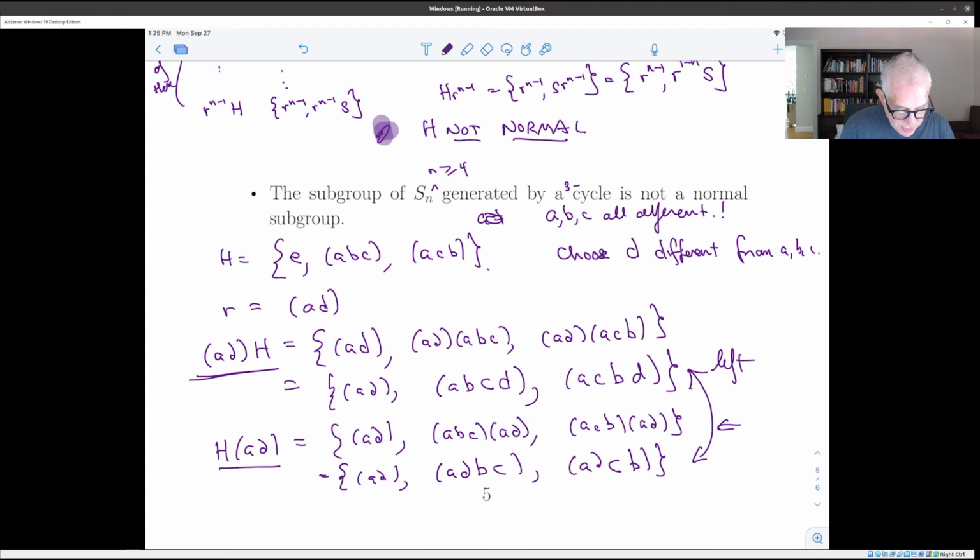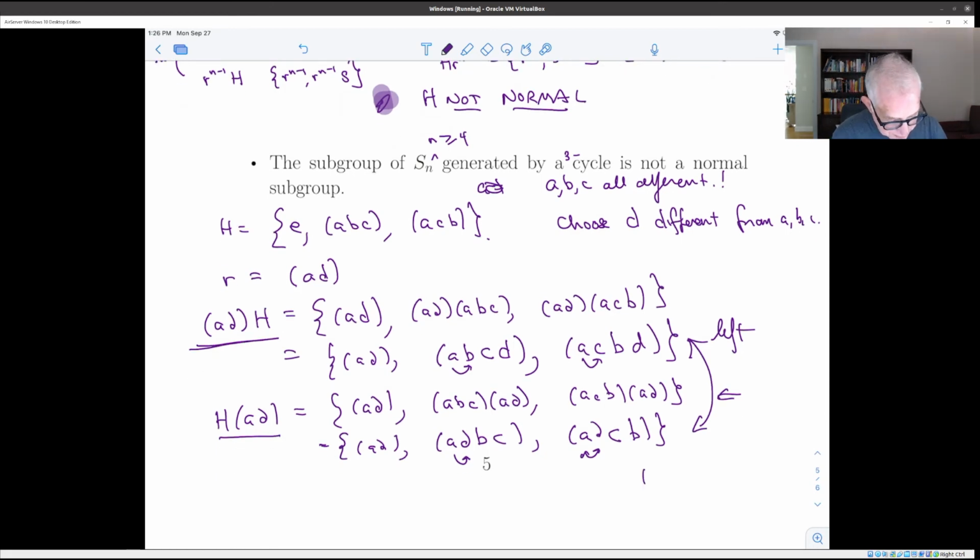But then we see these aren't equal, because here we have A goes to D, whereas here we have A goes to B, and here we have A goes to C. And in both of these, A goes to D. So the permutations which occur other than the (A D) are different. And so this subgroup is not normal, because we found a left coset and a right coset which are different.